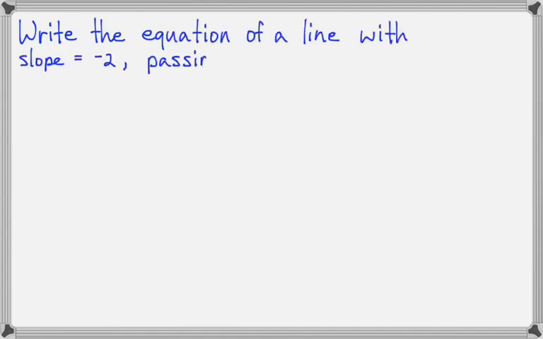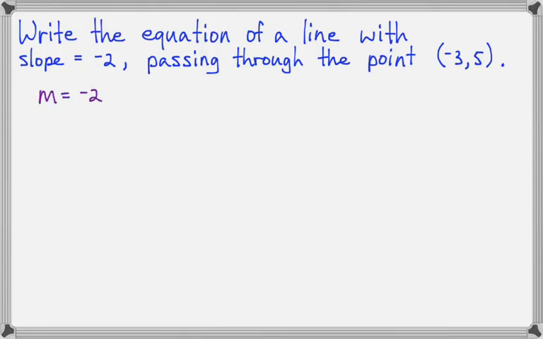Let's write the equation of a line with slope equal to -2, passing through the point -3, 5. Okay, so our slope, our m is -2, and our x1, y1 is -3, 5.